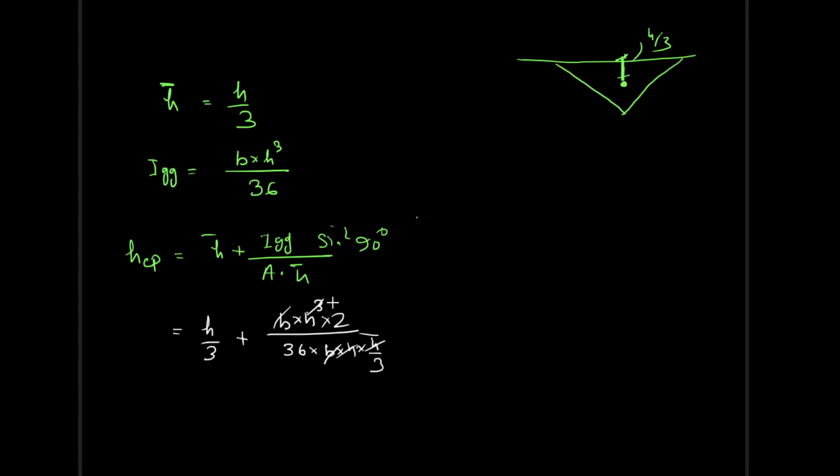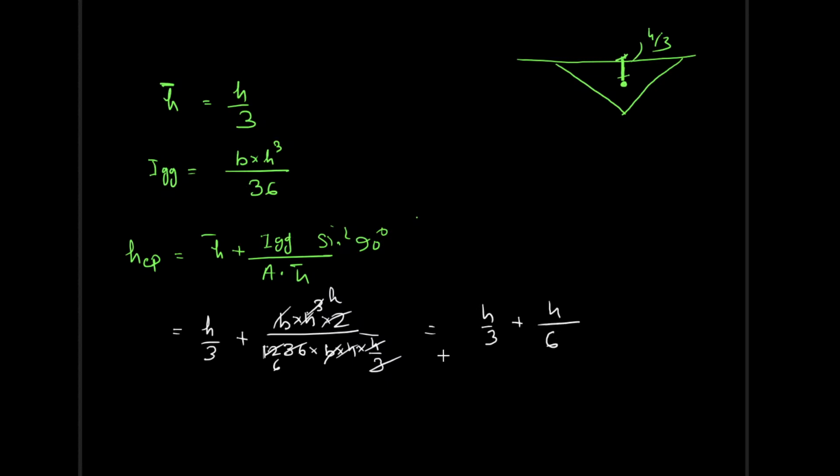h cube will come out as h, and this is a 2, and this 3 will be going up. So it is 3 into 12 is 36, and 12 and 2 will be cutting to give 6. So h by 3 plus h by 6.